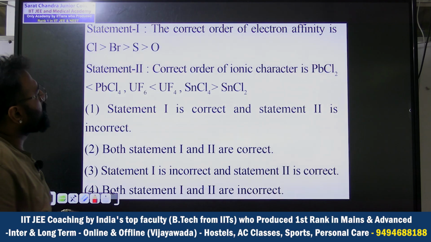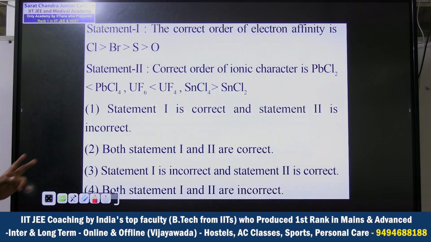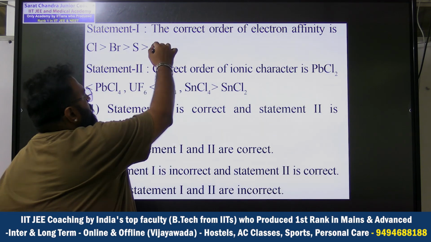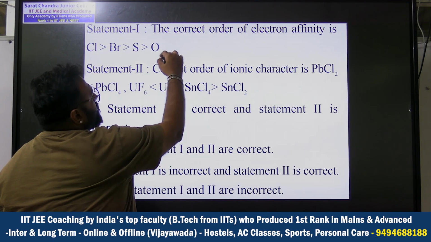Then the order of electron affinity. The correct order of electron affinity is Cl, Br, S, N, O. So this is correct.